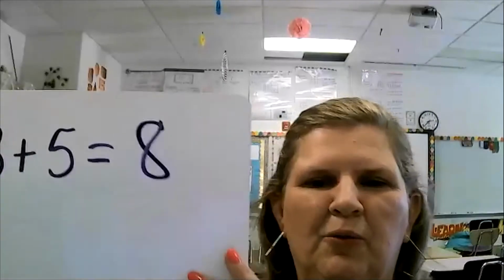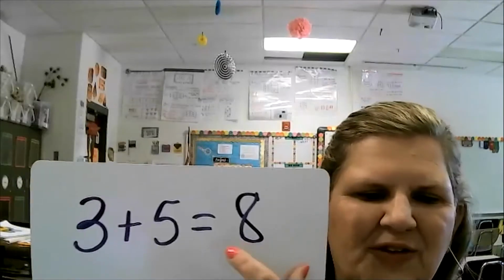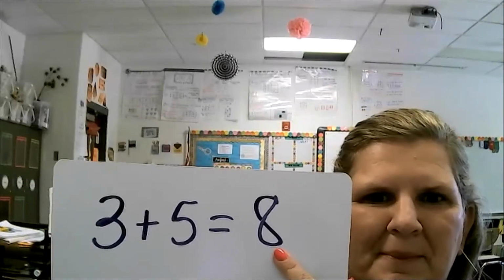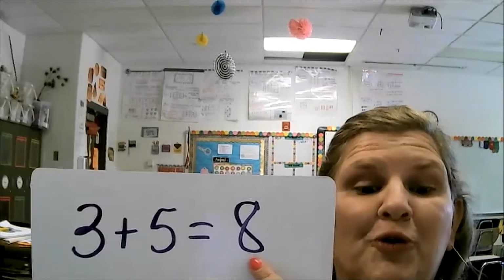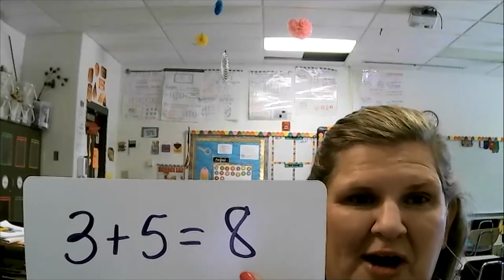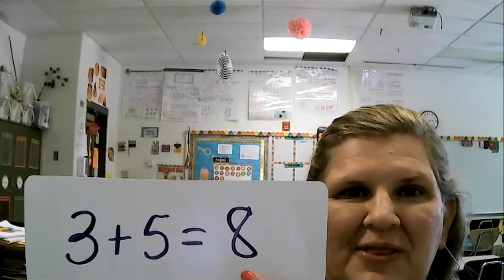You're right, 3 plus 5 is 8. What do we call 8? What is the answer to an addition problem called? You're right, the answer to an addition problem is called the sum. You are exactly right, it is the sum.